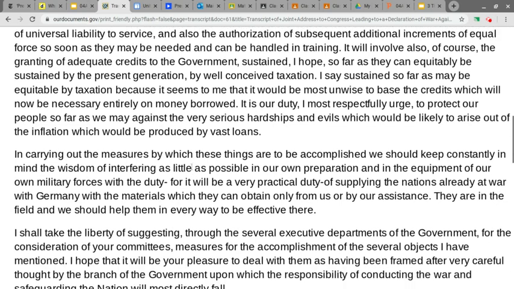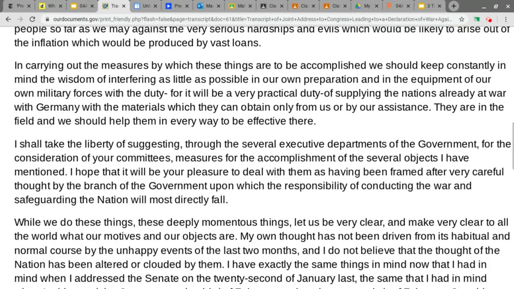In carrying out the measures by which these things are to be accomplished, we should keep constantly in mind the wisdom of interfering as little as possible in our own preparation and in the equipment of our own military forces with the duty, for it will be a very practical duty, of supplying the nations already at war with Germany with the materials which they can obtain only from us or by our assistance. They are in the field, and we should help them in every way to be effective there.